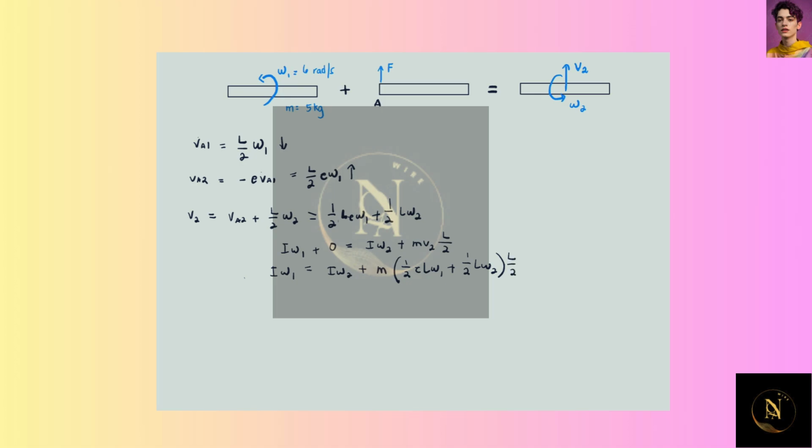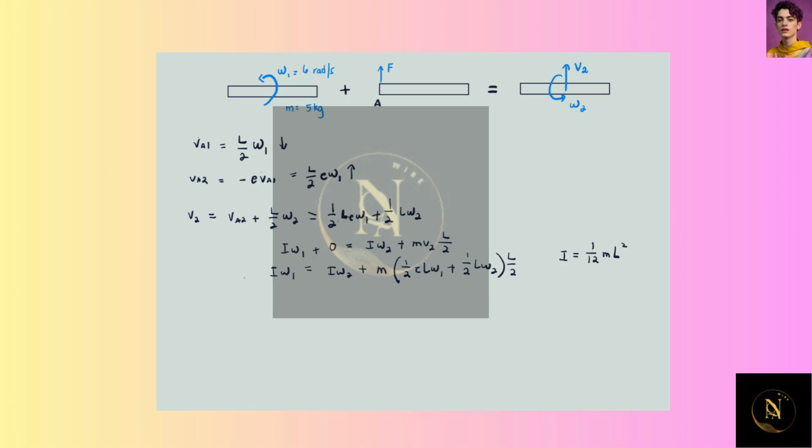Then we can replace I here with the equation for the moment of inertia. Since this is a bar or a rod, the moment of inertia is given by 1 over 12 m times the length squared.